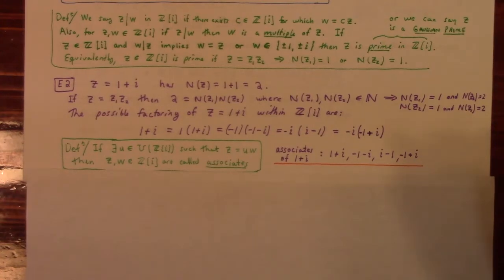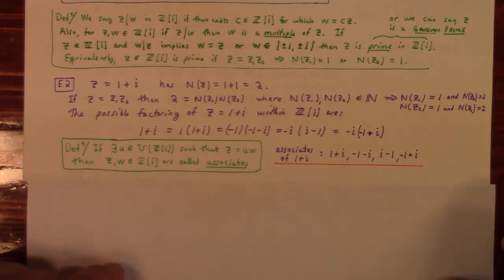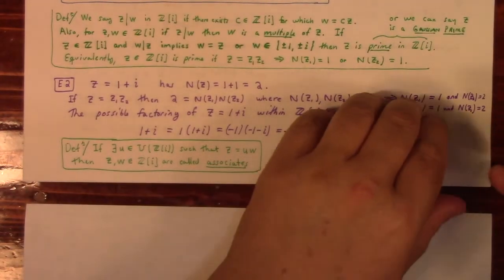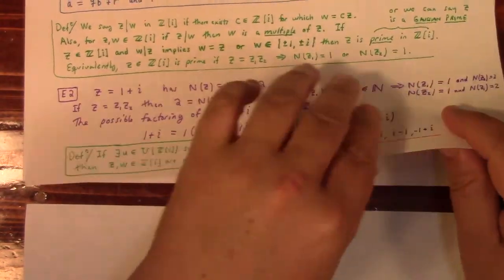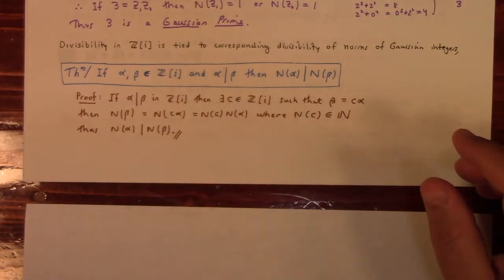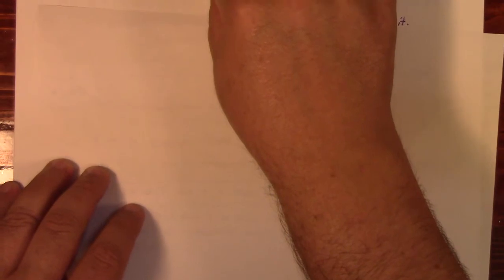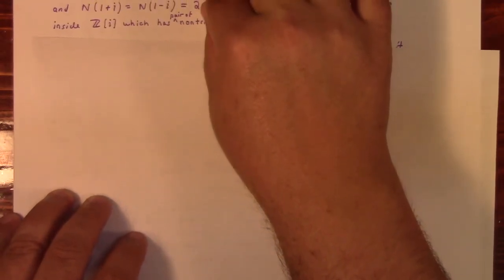All right. So, yeah. Moving along here. All right. So here's another example. One of the main goals of this lecture is to gain at least some beginning intuition about what is a Gaussian prime and what's not.